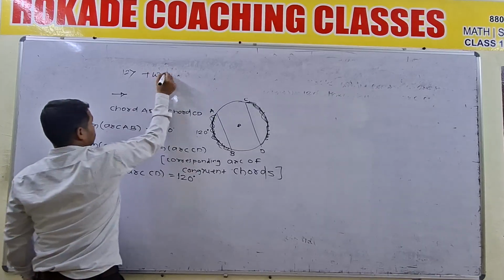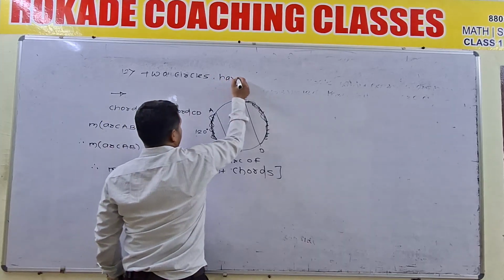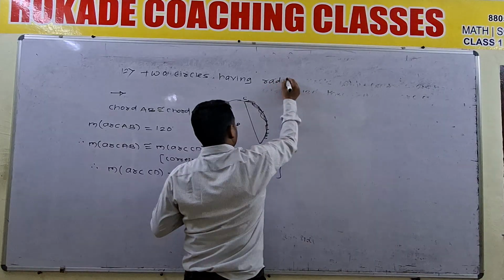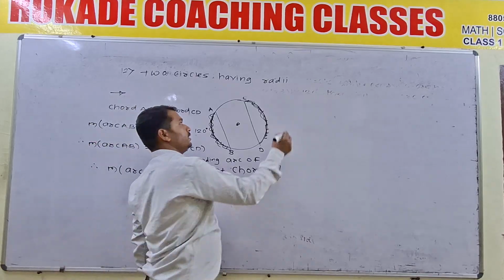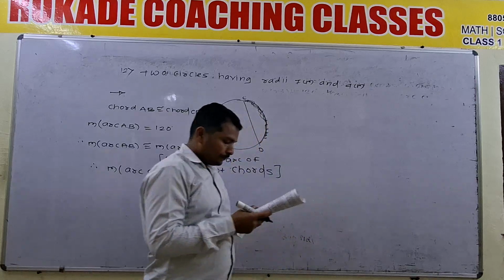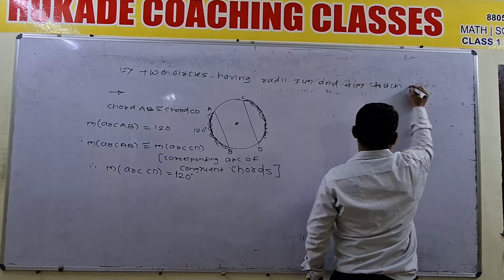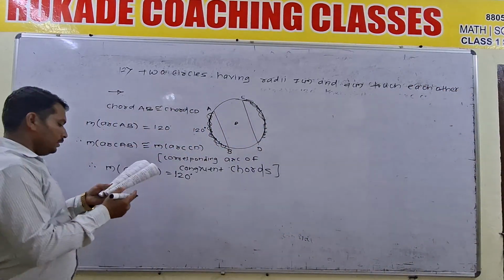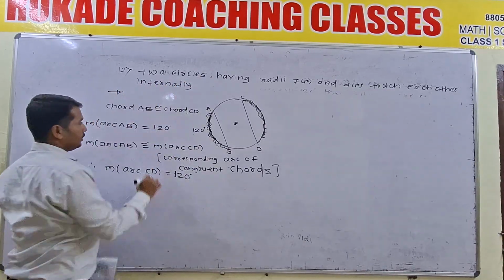Two circles having radius 7 centimeter and 4 centimeter touch each other internally.